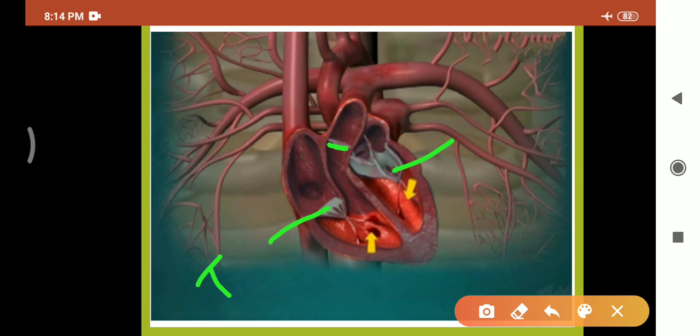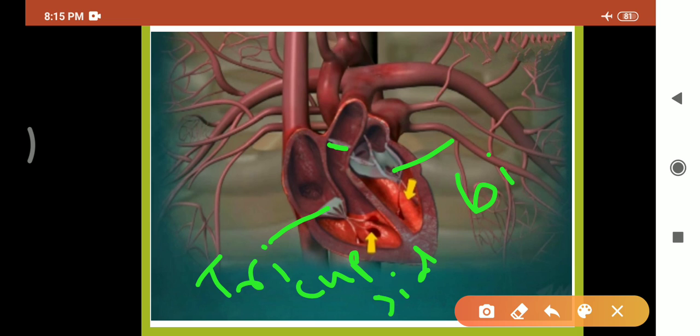Here is the tricuspid valve. Why is it tricuspid? Because it has three flaps. And why is it bicuspid? Because it has only two flaps. What is a flap? When you see a door, there is a single flap. When two doors are present at a single entrance, that is bi.